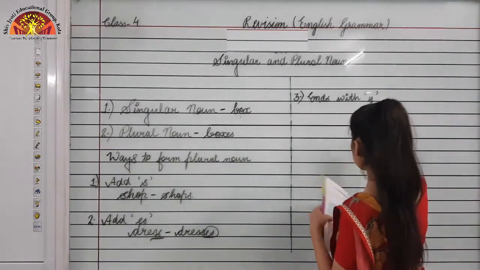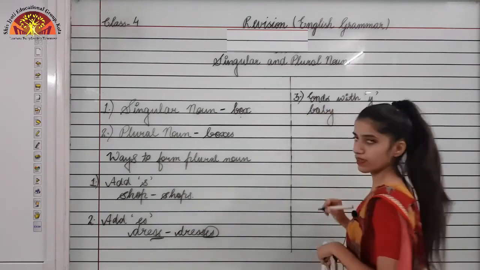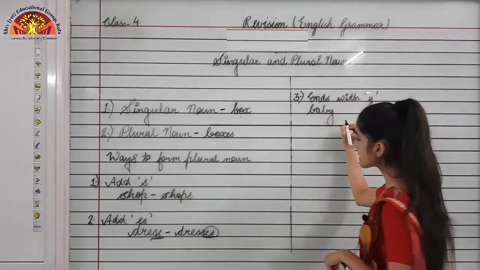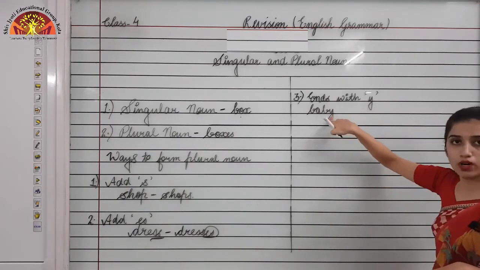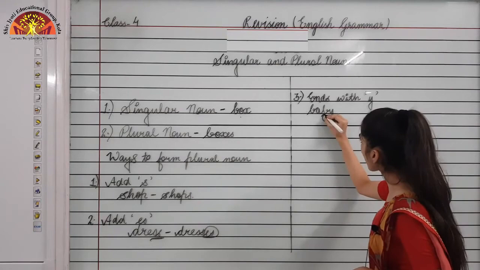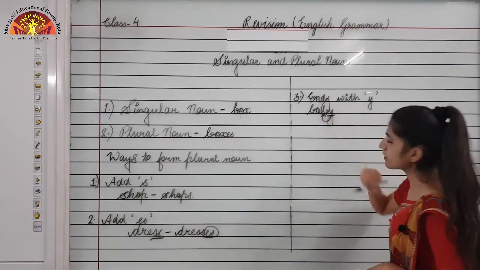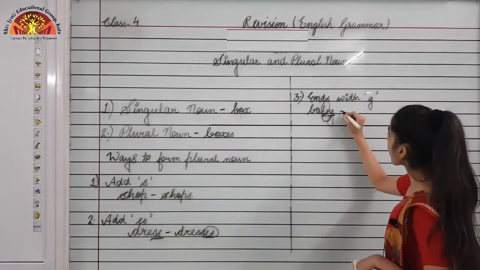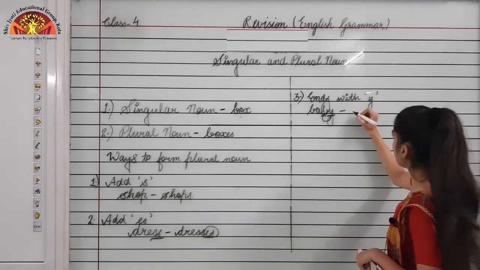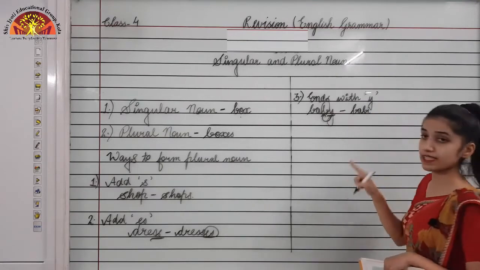I am writing an example, that is baby. You can see it's ending with y, and before y there is a consonant, this is a consonant, right? So what we will do is, we will add i in place of y.